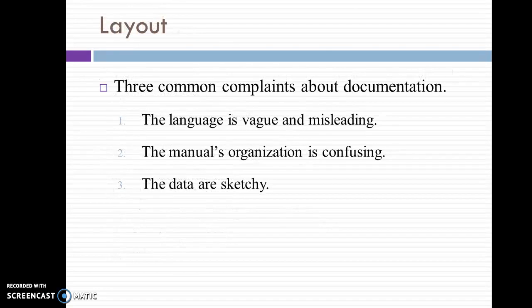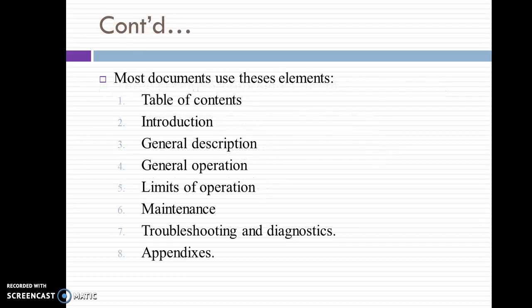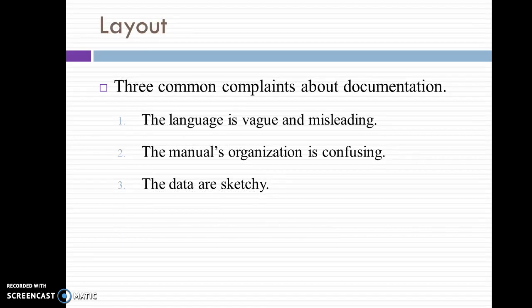The three common complaints about documentation are that the language used is misleading or vague, the manual organization is confusing, or the data is sketchy. These common mistakes can happen when we are preparing a document.